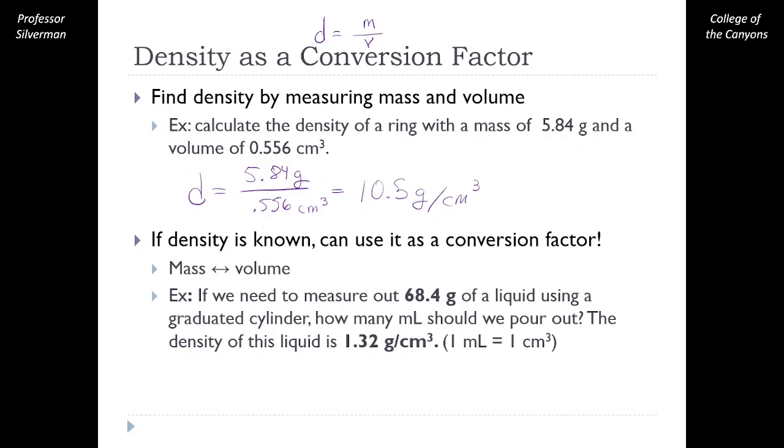Our second main technique is utilizing density as a conversion factor. If we know the density of an object, for example, 1.32 grams per cubic centimeter for this liquid, well, we can phrase that as a big conversion factor like we saw in our previous video: 1.32 grams for every 1 cubic centimeter.